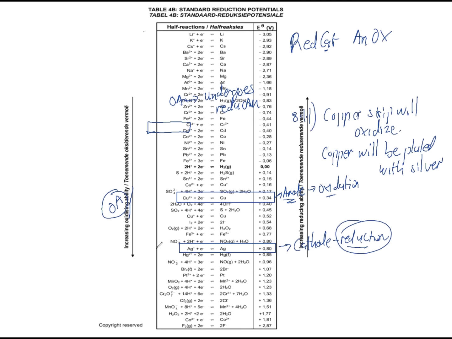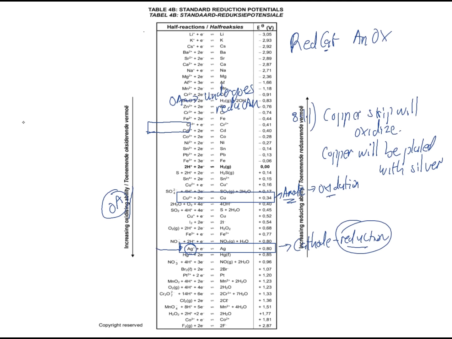So your oxidizing agent is not the silver, but the silver ion. It is very important for you to note that. Whenever you are stating the oxidizing agent, you have to look on the left-hand side, and whenever you are giving the reducing agent, you have to take the one on the right-hand side from the 4B table.